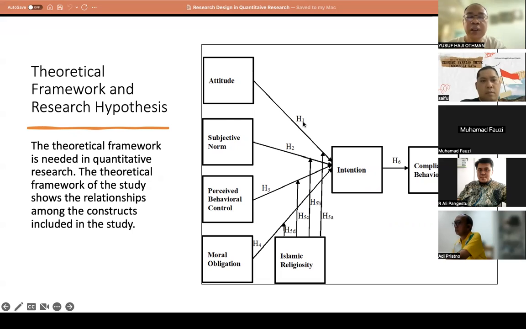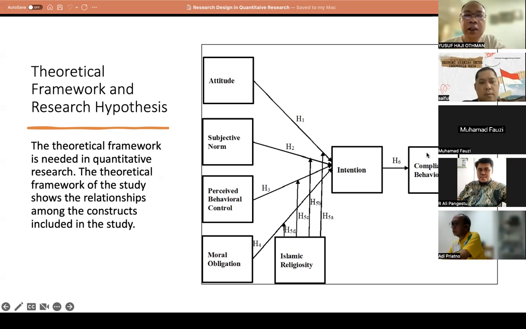The hypothesis could be stated as: H1, attitude has a significant and positive influence on the intention to comply with zakat payment among Muslim school teachers in the state of Kedah, for example.